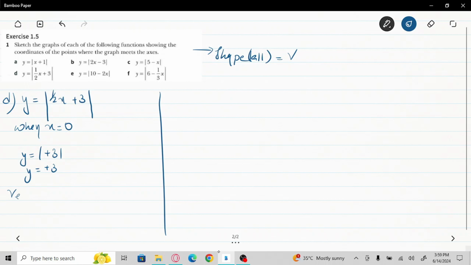For the vertex, we say 1 upon 2 x plus 3 should be equal to 0. Similarly, 1 upon 2 x is equal to negative 3, so x is equal to negative 6, and the y value is again 0. So the vertex is at the point negative 6 and 0, while the y-intercept is at the point 0, positive 3.